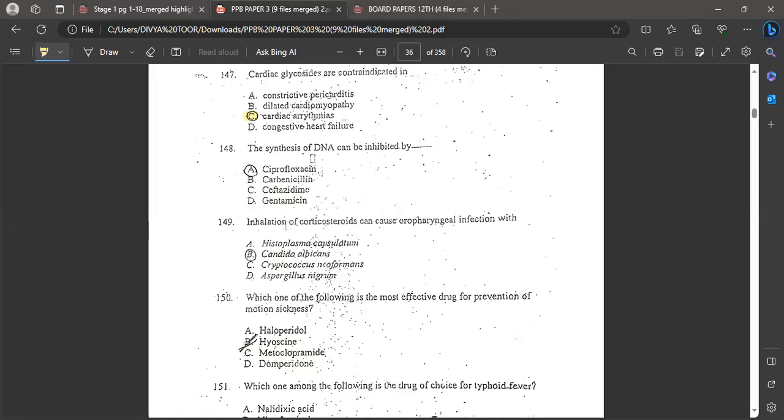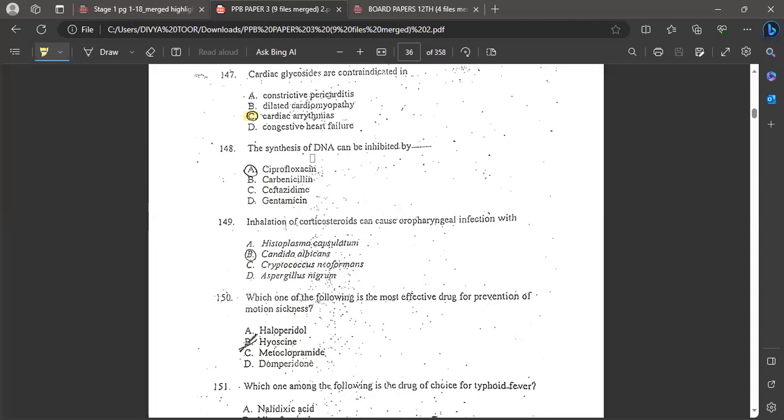Kama answer. Sasa hapa nimeona I think hiyo answer ni hiyo constrictive pericarditis, hata ndo nimecheki tu hapa. Nimeona cardiac glycosides are contraindicated in conditions in which there is obstruction to ventricular outflow, for example, hypertrophic obstructive cardiomyopathy, constrictive pericarditis, and cardiac tamponade.